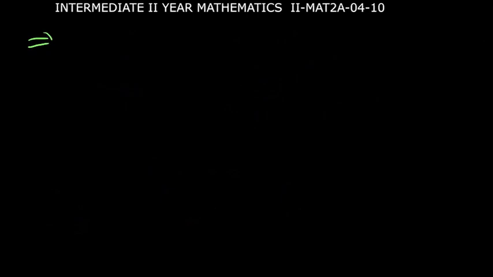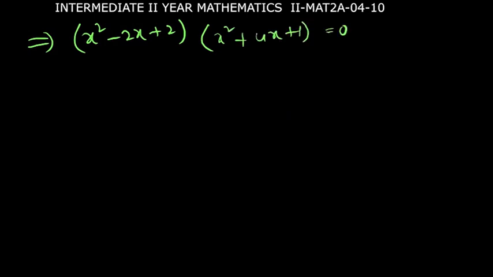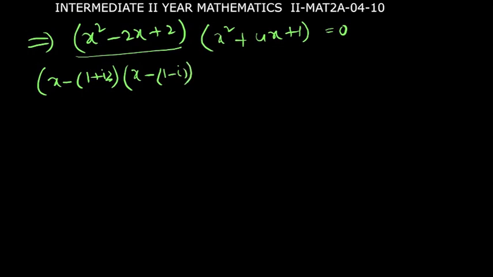So we already know x square minus 2x plus 2 into x square plus 4x plus 1. We know the factors of the first as x minus 1 plus i and x minus 1 minus i. Now what are the factors of this? Let us do here. x square plus 4x plus 1.